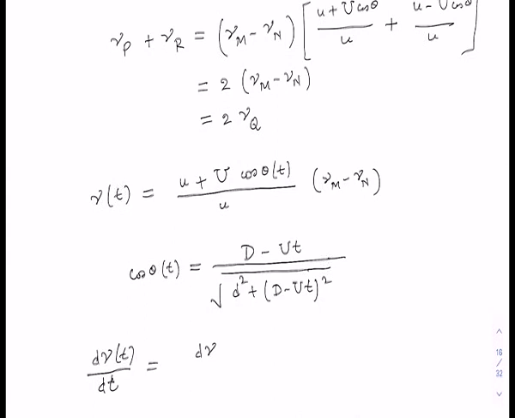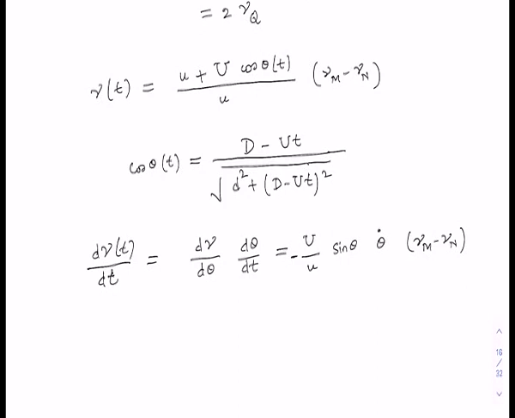Since nu is a function of theta, I can write d nu by d theta times d theta by dt. So here I will get capital U minus u sine theta, then the time derivative of theta, then nu m minus nu n, but then there is a negative, so the slope should be negative.